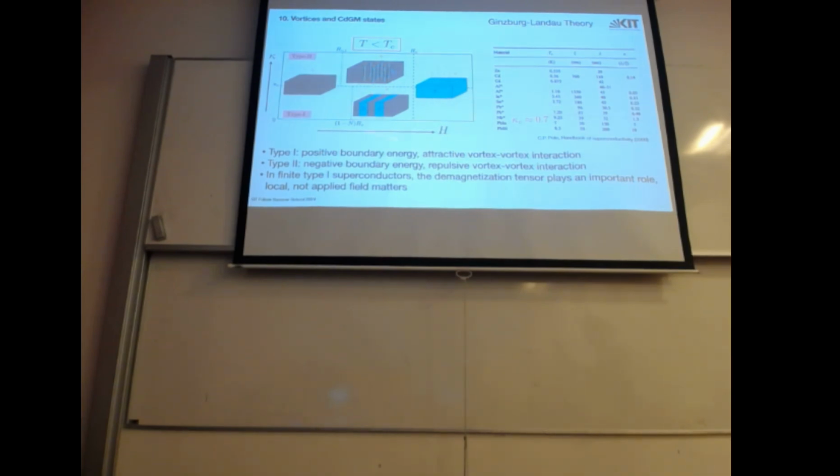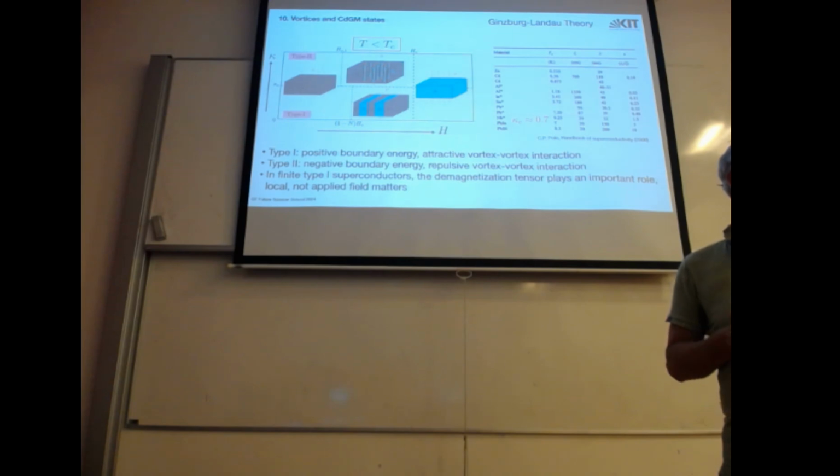Now, the type 1 superconductor does not directly go from here to here. That is actually wrong. It's written in a textbook almost like that, but it's for an infinitely extended superconductor. Now, there is no infinitely extended superconductor. You always have a finite sample. So actually, if you ramp up the magnetic field, the field lines will go around your superconductor until eventually the sample becomes normal at some point.